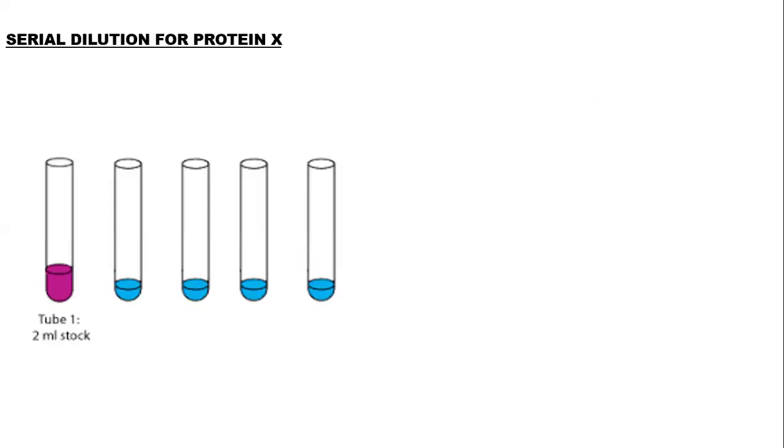Now the second phase of the experiment will require you to carry out serial dilution of protein X. In this case, you are going to be provided with a set of test tubes. 5 test tubes will be provided.